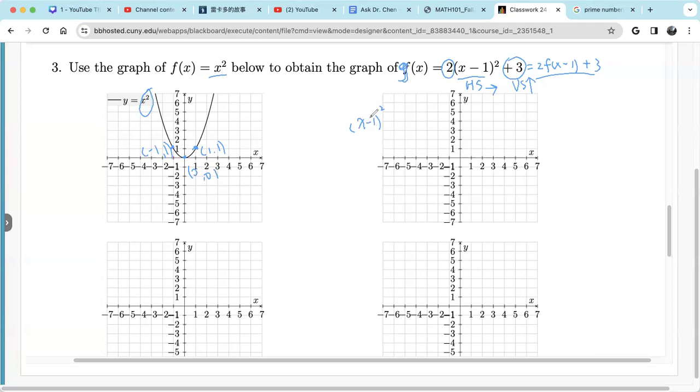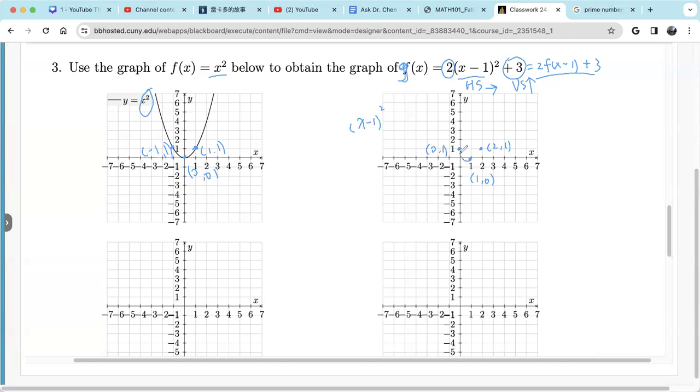So x minus 1 means all the points are pushed to the right 1 unit. So (0, 0) now becomes (1, 0). Push to the right means add to the x value. So 0 plus 1 is 1. Then (1, 1) becomes (2, 1) now. (Negative 1, 1) becomes (0, 1) now.